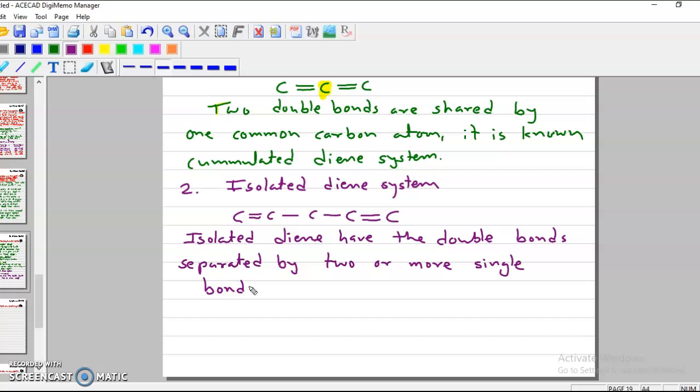Such a system is known as an isolated system, because here there are two or more single bonds between the two double bonds.